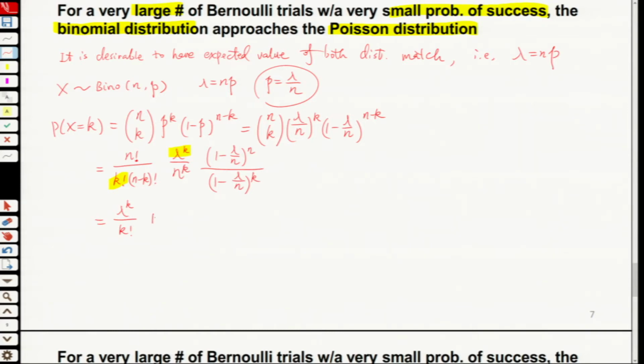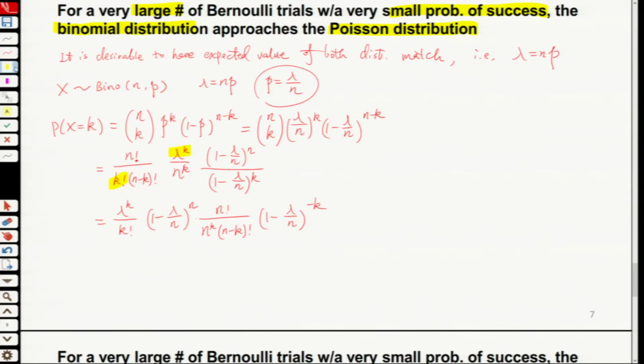Now we also need (1 minus lambda over n)^n. We have this part already. Now we need to put this together. So this will be n factorial divided by n^k times (n minus k) factorial, then we have (1 minus lambda over n)^(minus k).